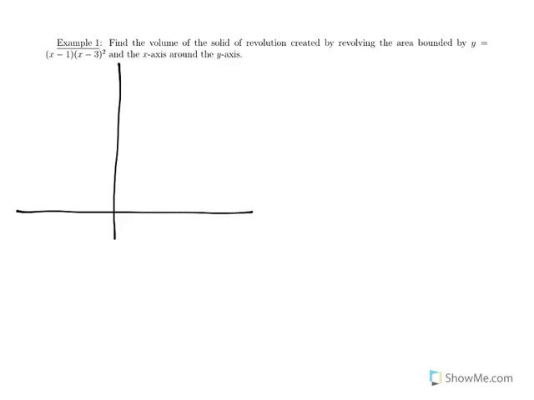A nice way to sketch this function is that we know it has an x-intercept of 1 and an x-intercept of 3 from the x minus 1, x minus 3 terms.